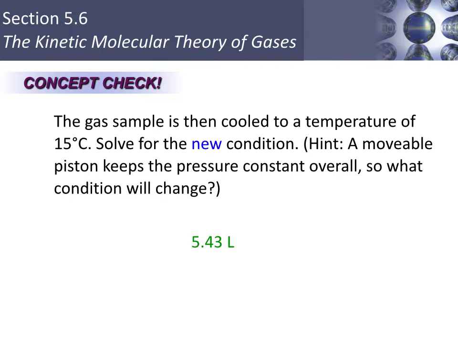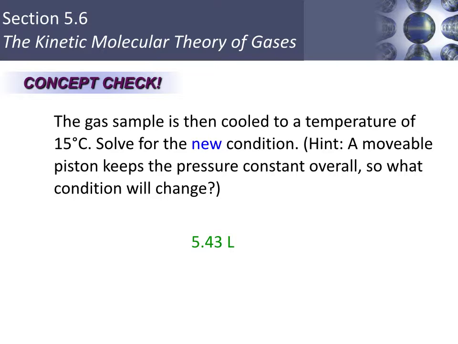The gas sample is then cooled to a temperature of 15 degrees C. Solve for the new condition. Again, since the movable piston keeps the constant pressure overall, what condition will change? Pause it here and see if you can get 5.43 liters. The way that you would solve this is using Charles' law, V1 over T1 equals V2 over T2.